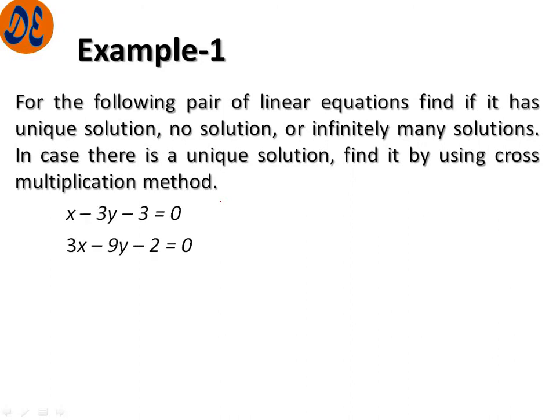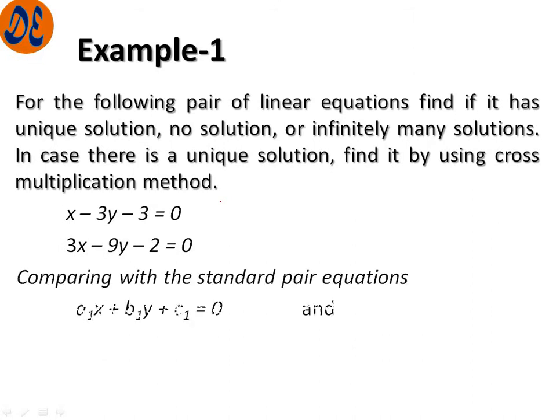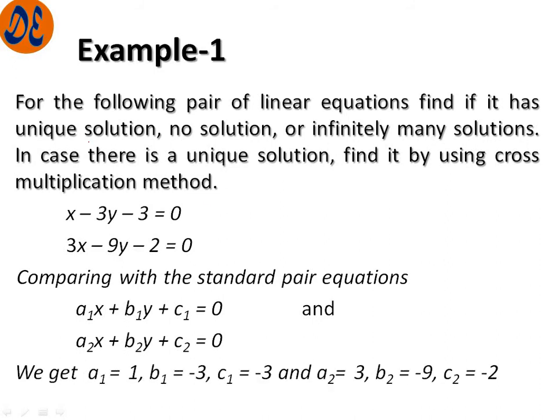So suppose we have got two equations. Now if we compare with the standard equation a1x plus b1y, what do we get? a1 is equal to 1, b1 is minus 3, c1 again minus 3, a2 is 3, b2 is minus 9, and c2 is minus 2.